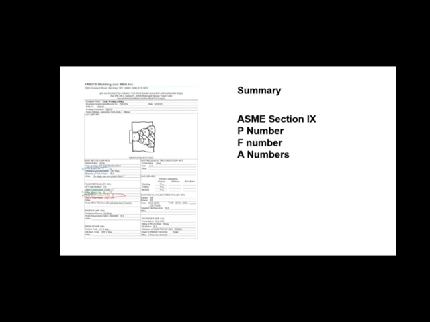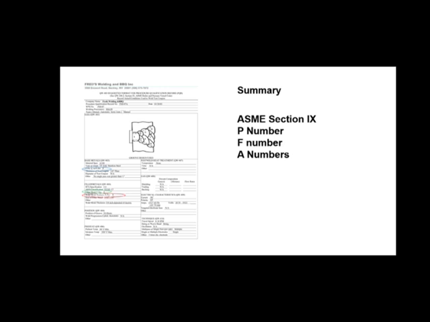Okay, let me give you a summary. Trying not to make this presentation too long, but trying to put as much in here as possible. So remember, we touched base on the P numbers, and our P numbers are our metal groupings. Things like nickel alloys, they went through and grouped those into P41, 42, 43, and said if you get a weld procedure qualification with one of these to another one of these, you get everything in that P number group.